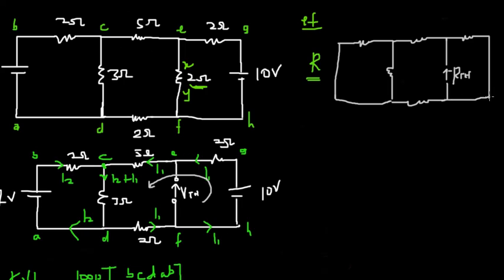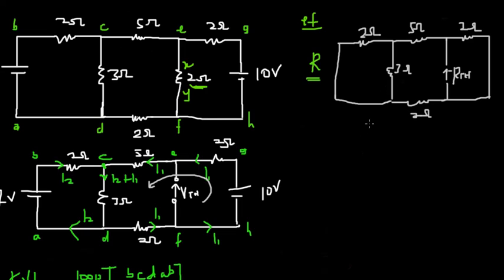So we have 2 ohm, 5 ohm, 2 ohm, 3 ohm, and then 2 ohm. So to simplify this is very simple. We know that 2 and 3 are in parallel.